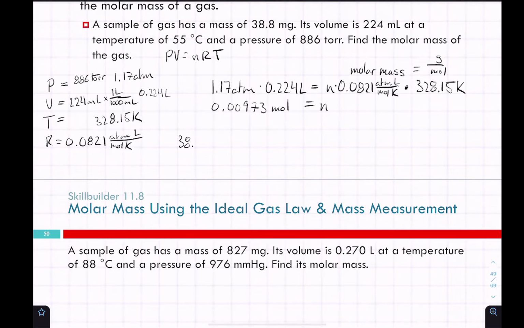So 38.8 milligrams. How many milliliters are there in a liter? 1,000. So if there's 1,000 milliliters in a liter, and we have milligrams, how many milligrams are in a gram? 1,000. Same conversion.